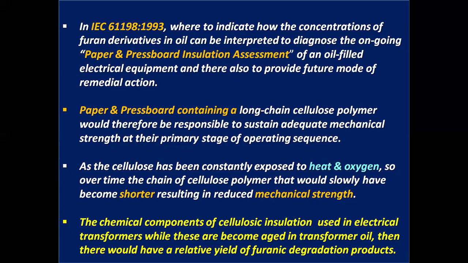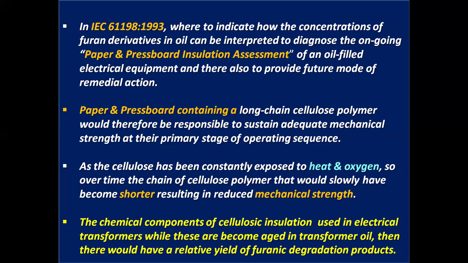As the cellulose is constantly exposed to heat and oxygen, over time the chain of cellulose polymer slowly becomes shorter, resulting in reduced mechanical strength.